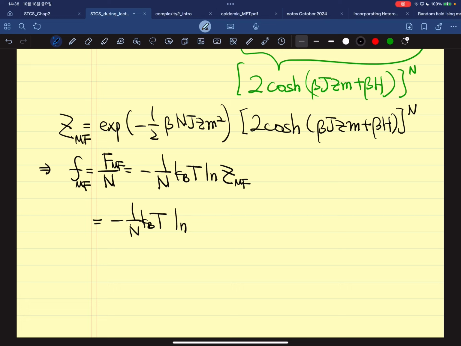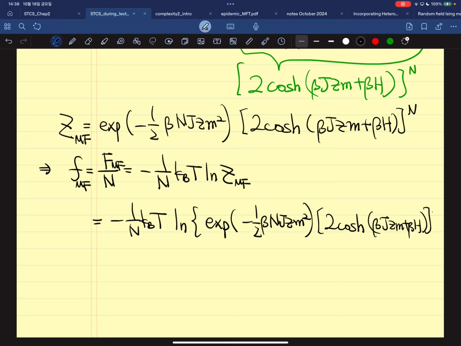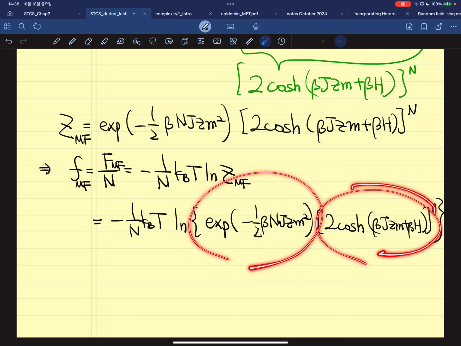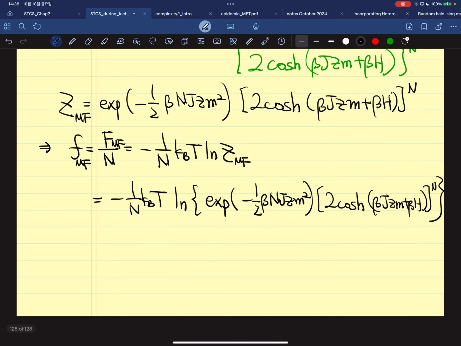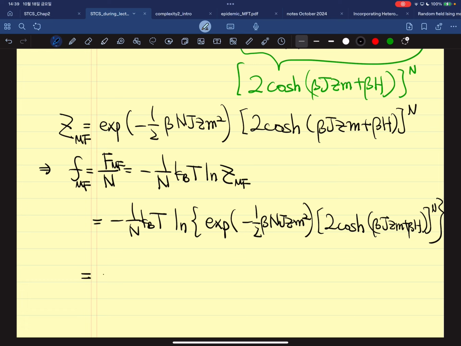Let's just write it down explicitly. This is an exponential of this one, and of course everything is split like this. So this exponent would be in front of the log factor.